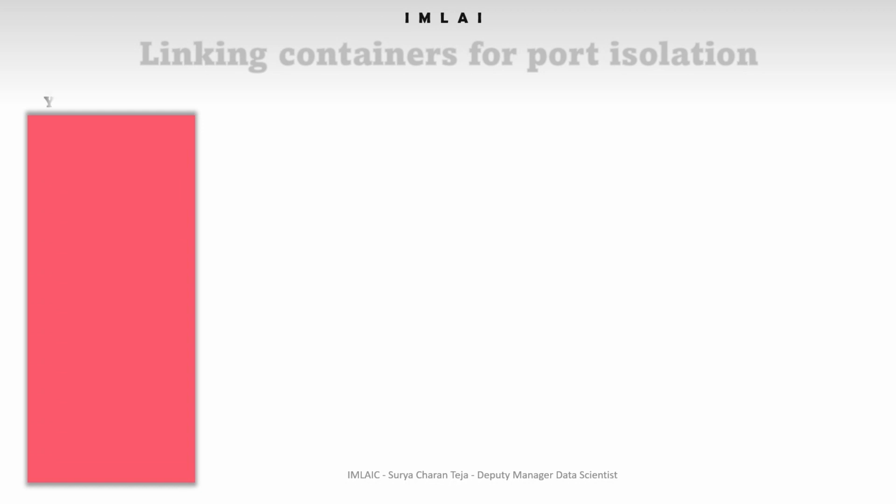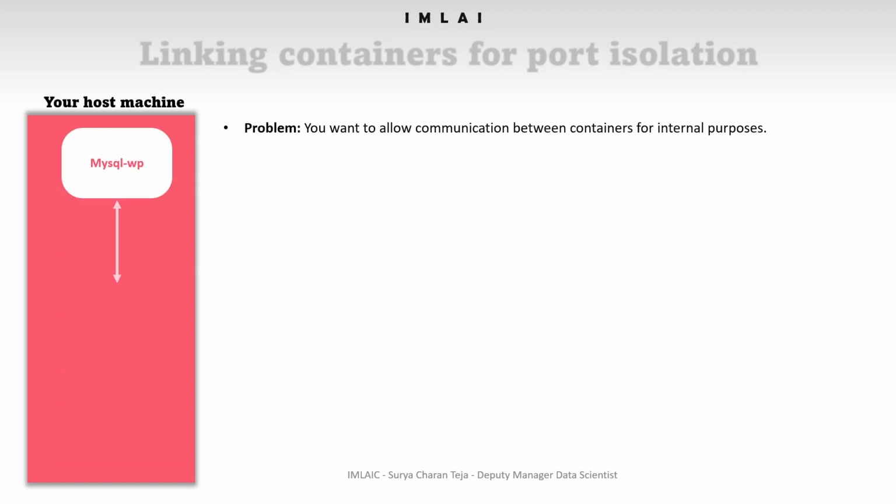So in this case, our problem statement is to allow communication between containers for internal purposes, and I'm going to use Docker's linking functionality to solve that issue. And here, this is our host machine.